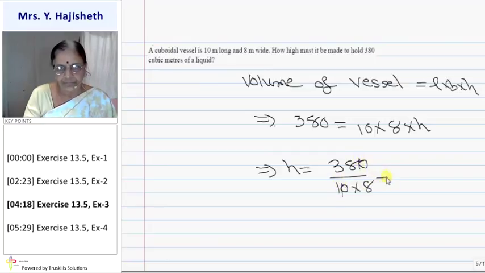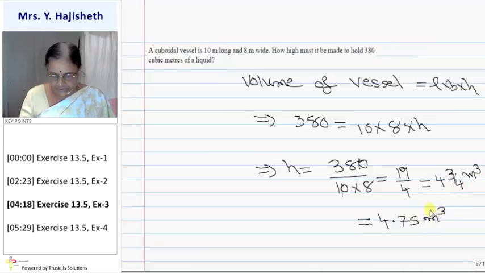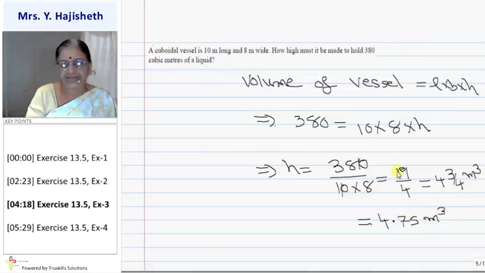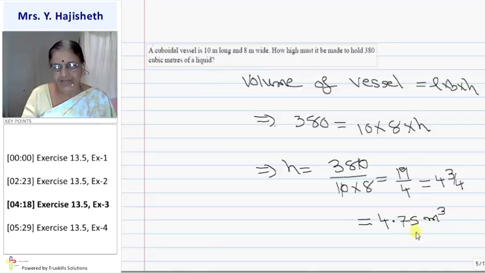So it is 19 by 4. So it is 4 integer 3 by 4, that is 4.75. Sorry, it's not meter cube. Height is always measured in meter. So answer is 4.75 meter. Height of this vessel is 4.75 meter.